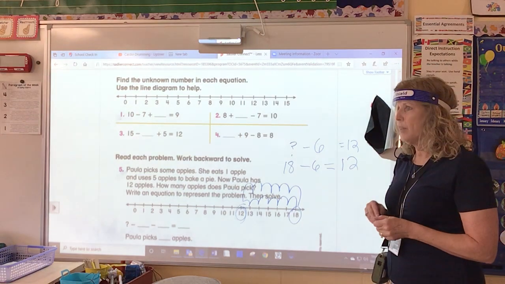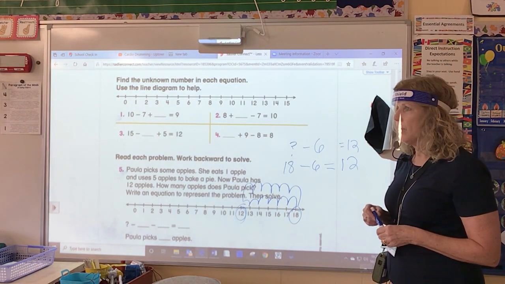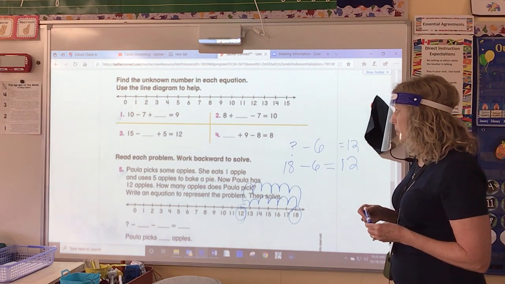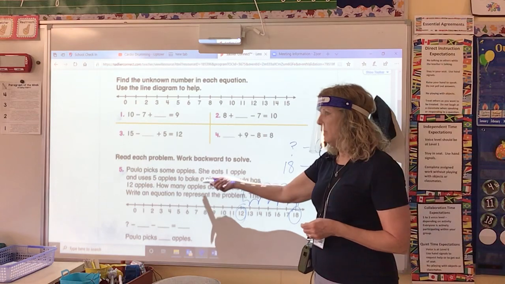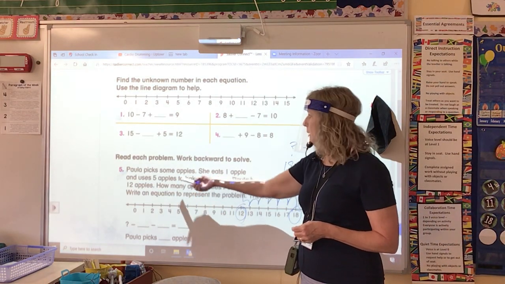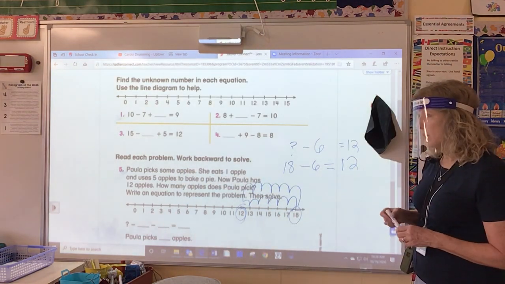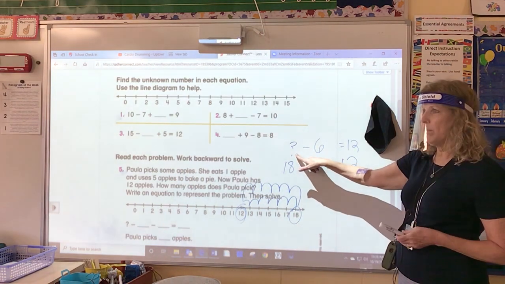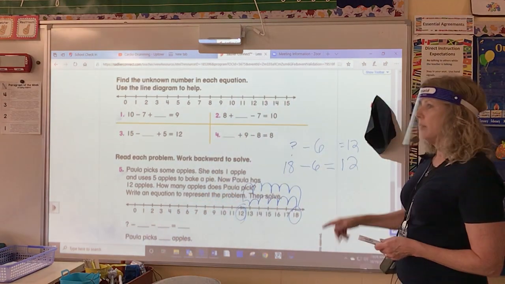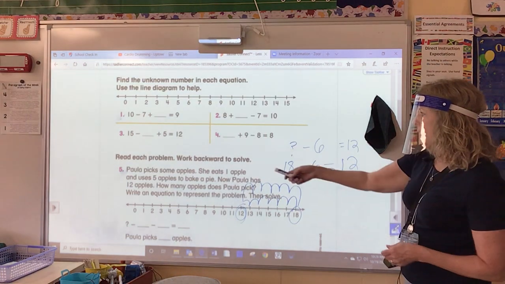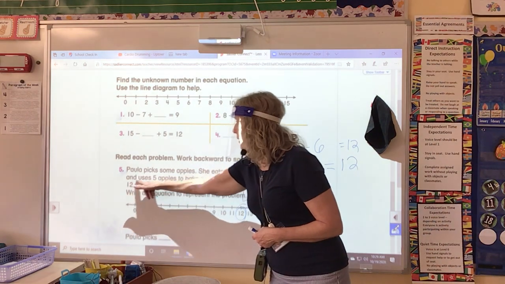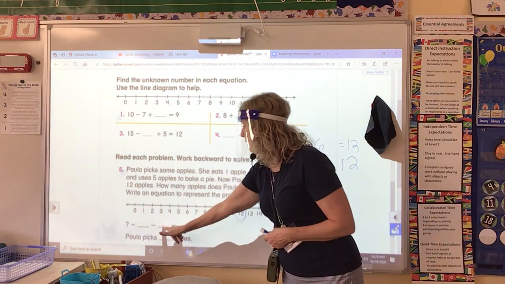Yes, Juju? I didn't hear what you said before, under the number line. What'd you say? For number 5, where we said Paula picked some apples. Well, the sum, we don't know what it is, so we made a question mark for it, which I didn't notice was already down here too. Okay, so you could just fill it in down there. And then she eats 1, so you're going to put minus 1 here. And then she uses 5, minus 5.